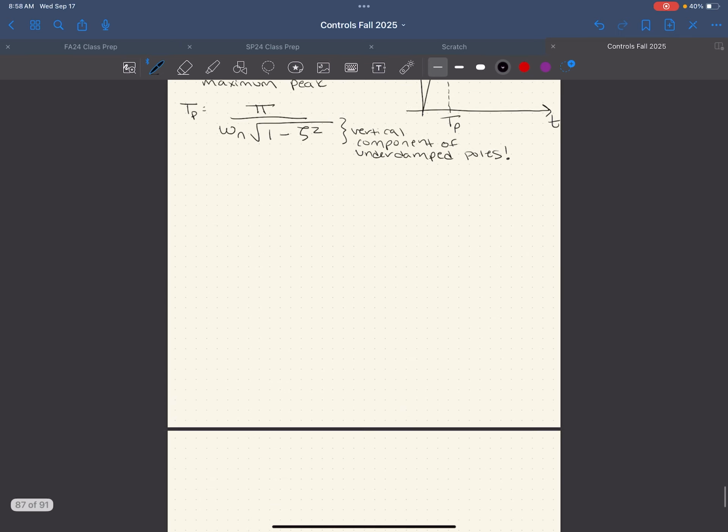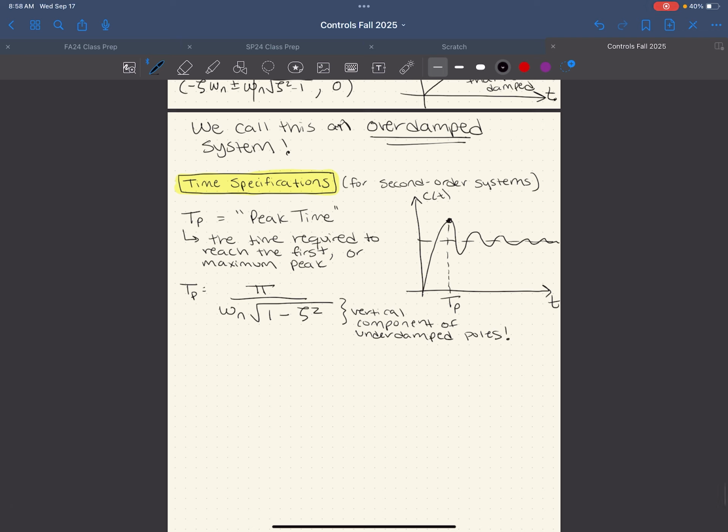All right, let's go back. That's all I'm going to say about peak time. The next time specification is going to be percent overshoot. Percent OS, we'll call this percent overshoot.